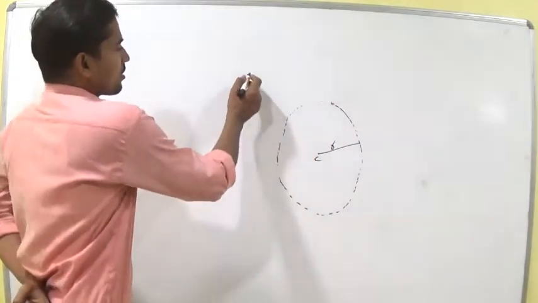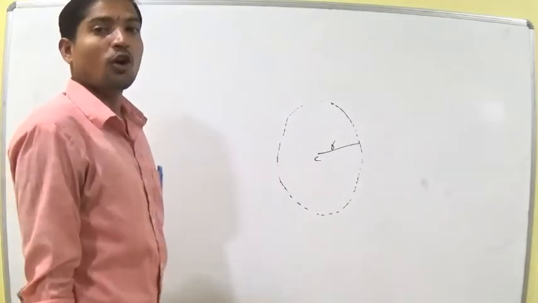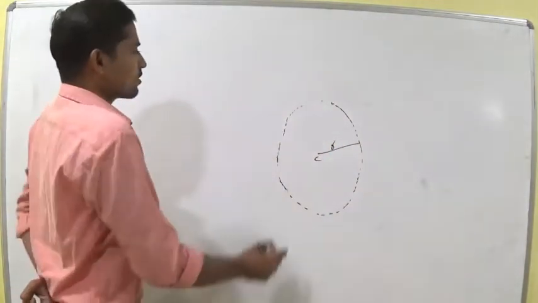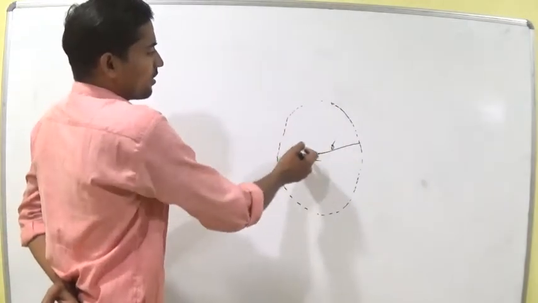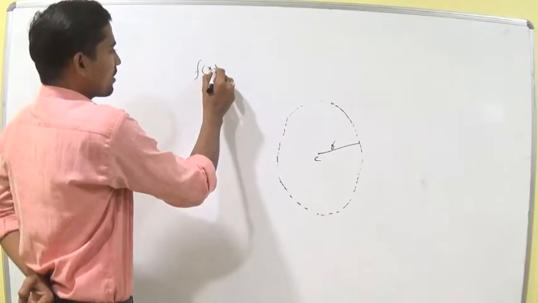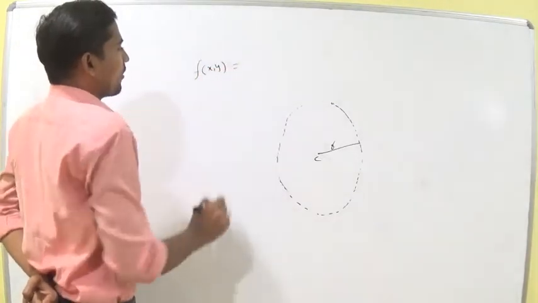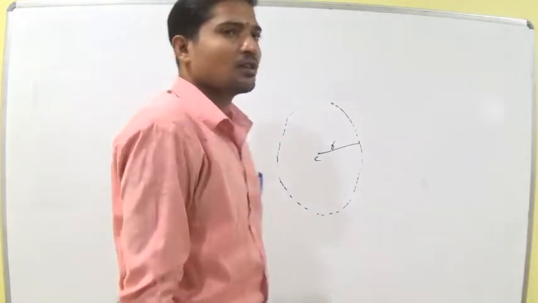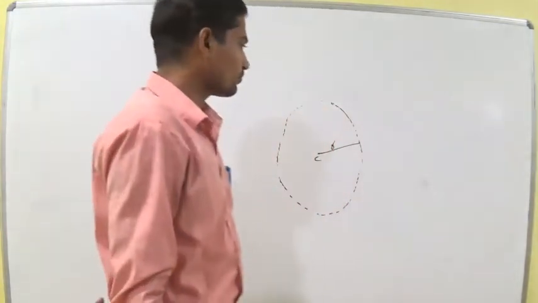So circle is a locus. So every point on a circle satisfies a geometrical condition. Suppose the equation of a circle is f of x, y equal to 0, then that is called a locus.